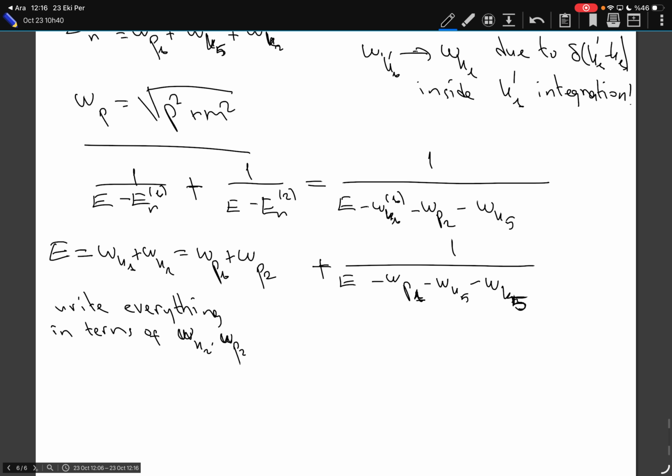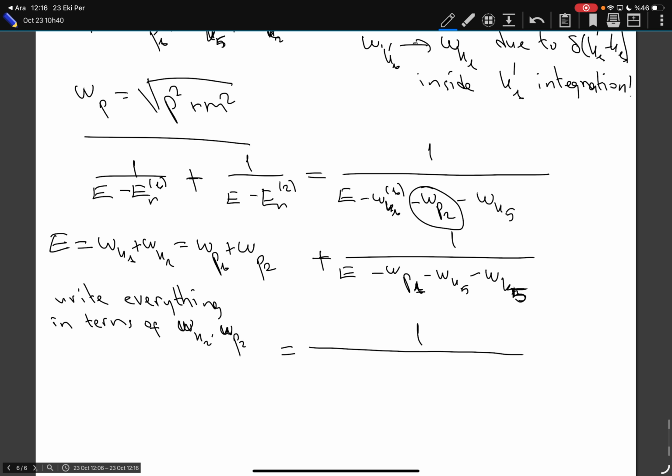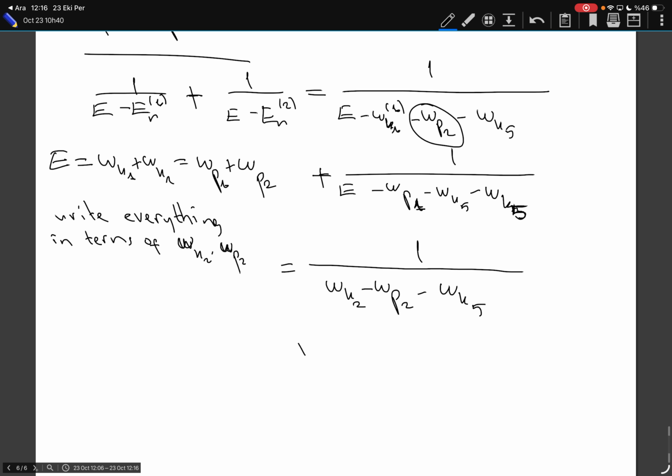So what does that tell me? 1 over, omega P2 is something I like. E minus omega K1 will be omega K2 minus omega P2 minus omega K5 plus 1 over E minus P1, which will be omega P2. Now this is omega K2 minus omega K2 minus omega K5.